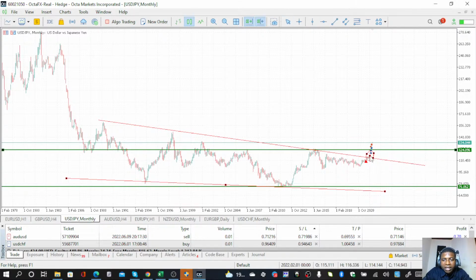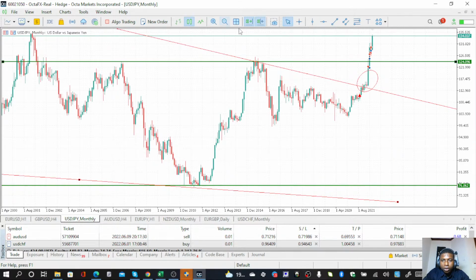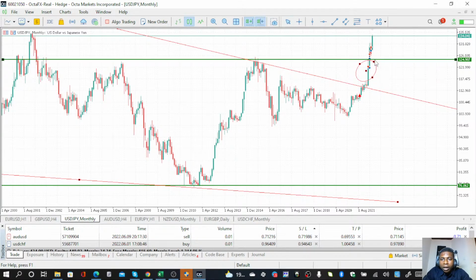So something different happened here, where I put this circle. What happened there has now changed the game.